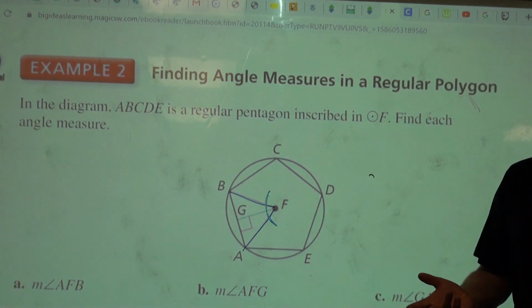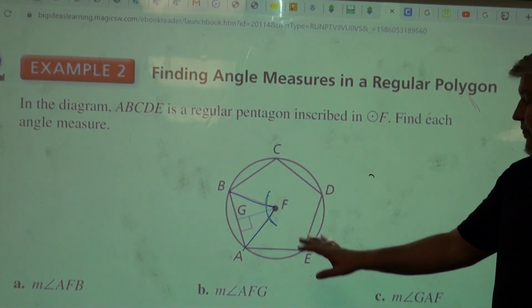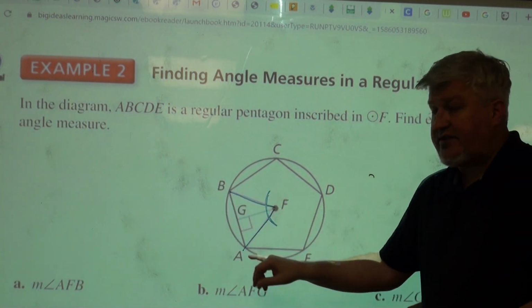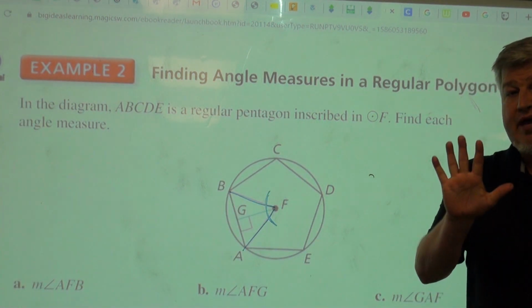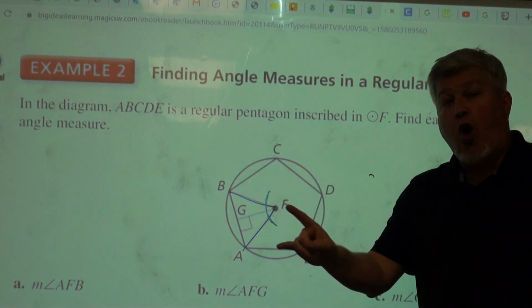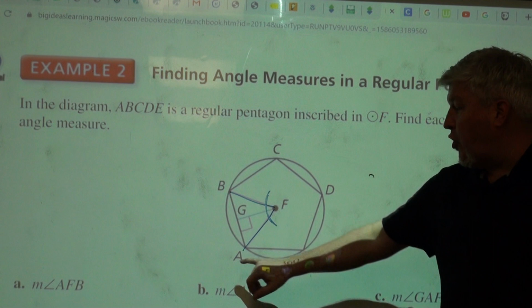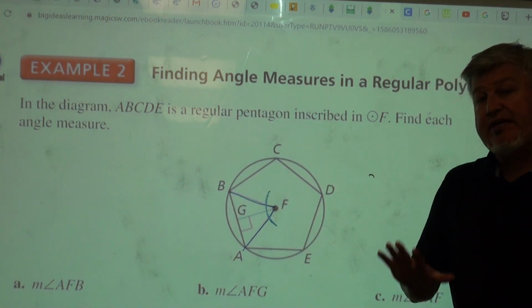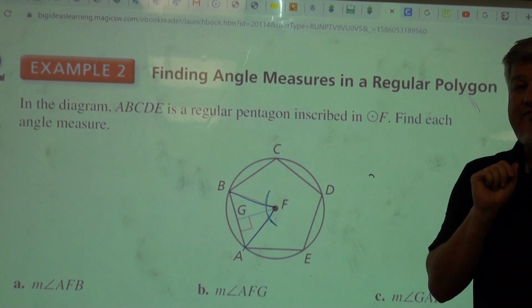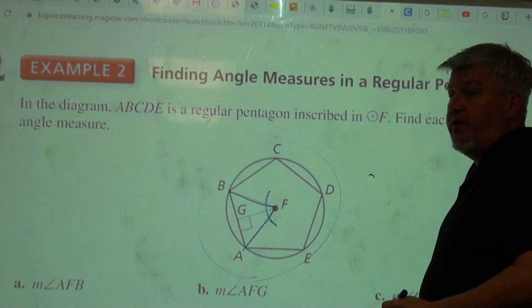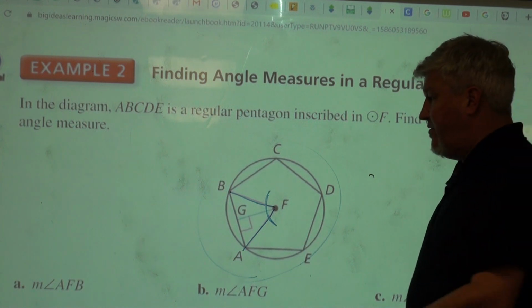How big is that angle? Well, this is a pentagon. This angle forms one side of that pentagon. A pentagon has 5 sides. And this angle forms one of those 5 sides to go all the way around the circle. So if I want to know the measure of this angle, because it's a pentagon, I divide 360, which is the measure all the way around the circle, divide that by 5.